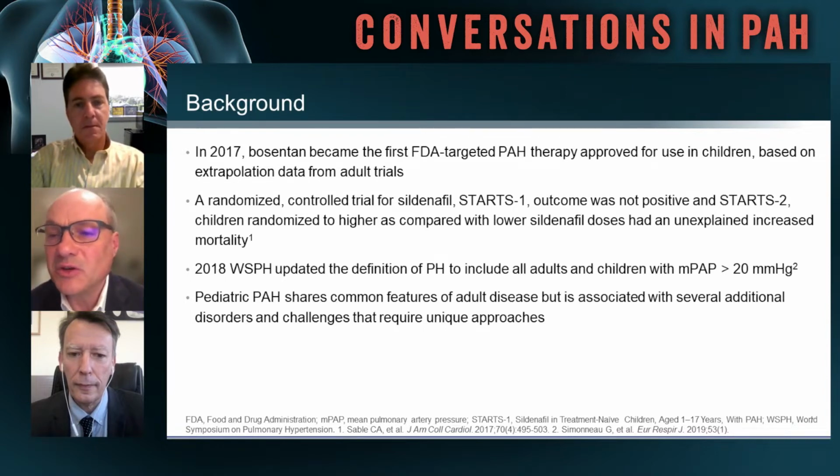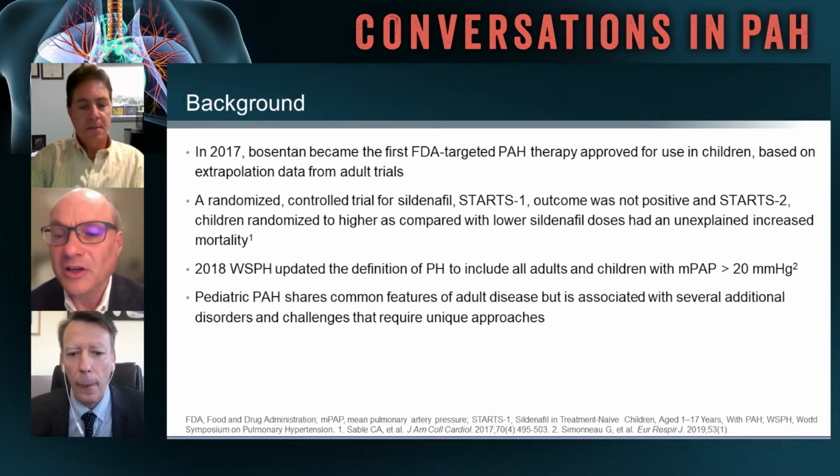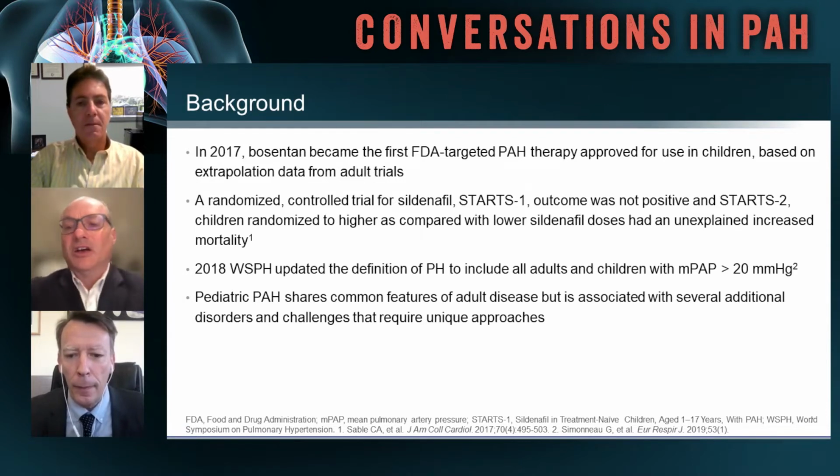And for us, this was totally acceptable because in some of our children who are much smaller, that was fine. And furthermore, very few of our patients in registries had mean PA pressures of 20 to 25. So most had a mean PA pressure of over 25. So, I think that we have had some exciting findings, and we'll discuss those throughout the rest of this discussion.